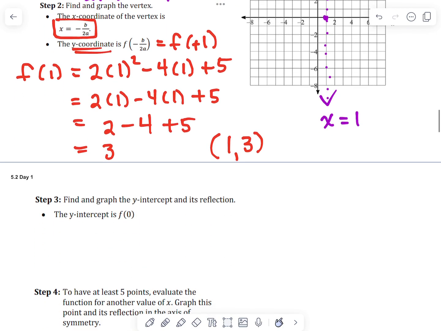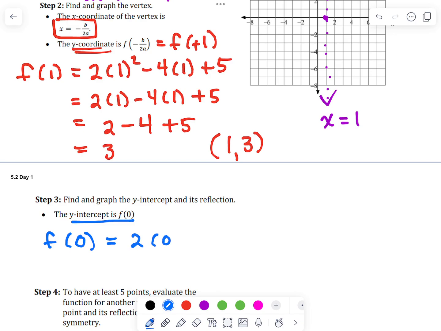Then we need to find the y-intercept. To find the y-intercept, we evaluate the function for 0. So we substitute 0 into the function. What happens is this first term becomes 0, the next term becomes 0, and then we're just left with 5.